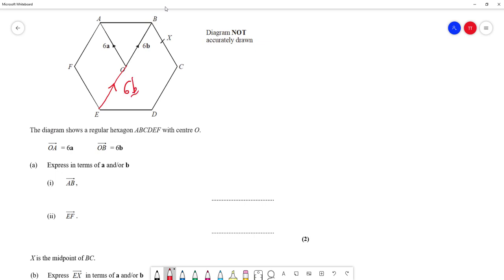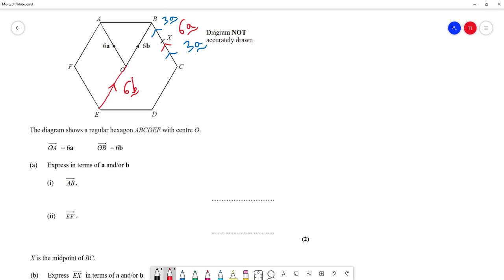Now, we can also say that O to A is 6a, so therefore C to B is also 6a. X is the midpoint of BC, so CX is 3a and XB is also 3a. So we've got that written down.